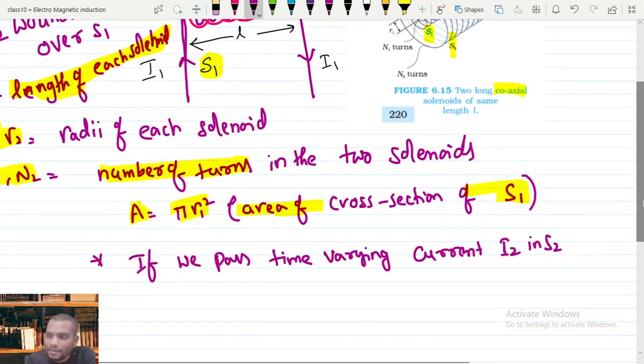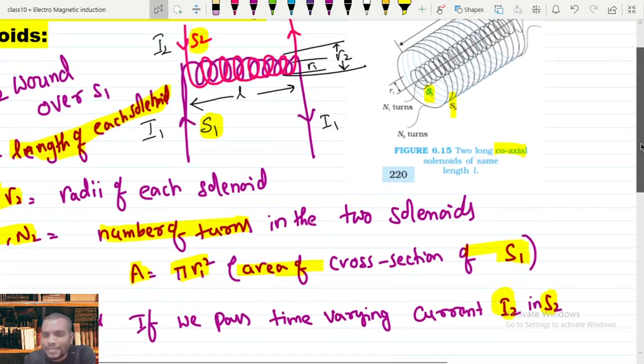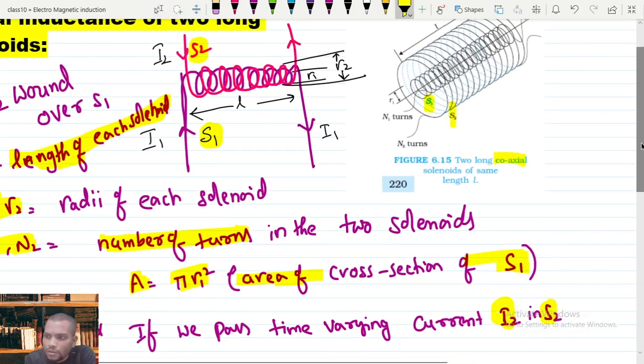What happens then? Because of the current I2 in solenoid S2, a magnetic field will be set up. The magnetic field will be set up in S2 due to the current I2 only. A time varying current is passing through solenoid S2.